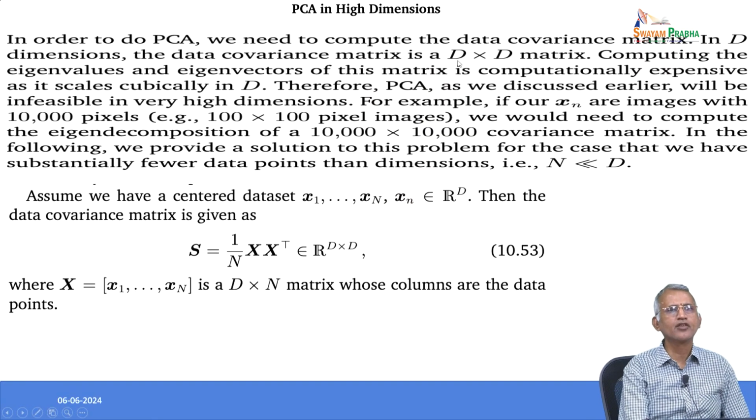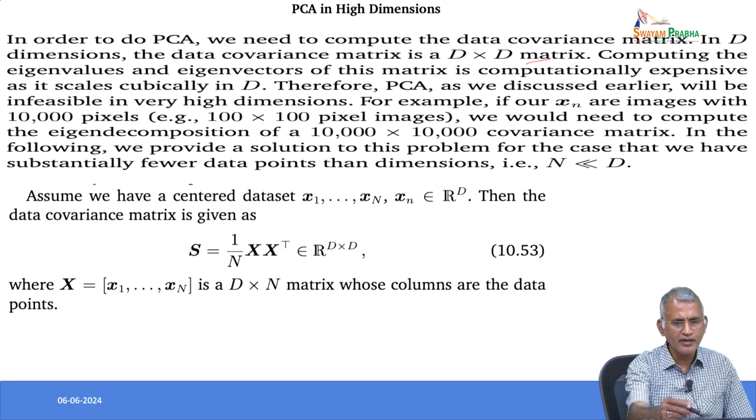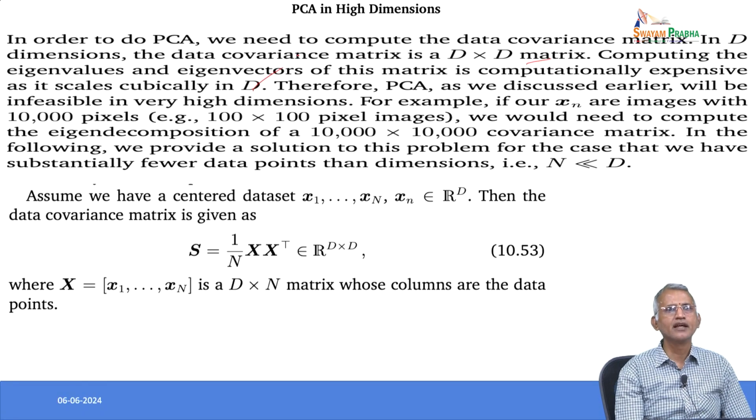Next, principal component analysis in high dimensions. In order to do principal component analysis, we need to compute the data covariance matrix in d dimensions. The data covariance matrix is a d cross d matrix, and computing the eigenvalues and eigenvectors of this matrix is computationally expensive as it scales cubically in d. Therefore, PCA, as we discussed earlier, will be infeasible in very high dimensions.